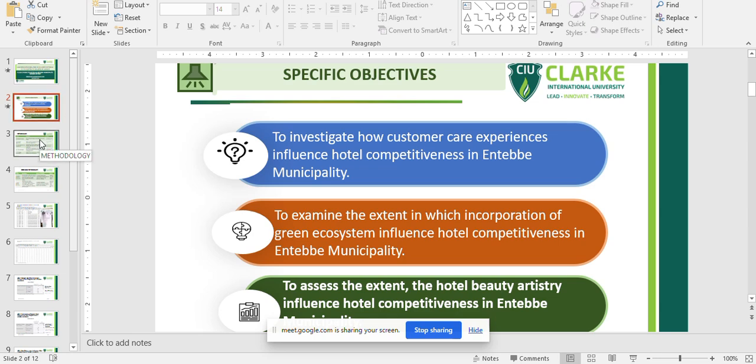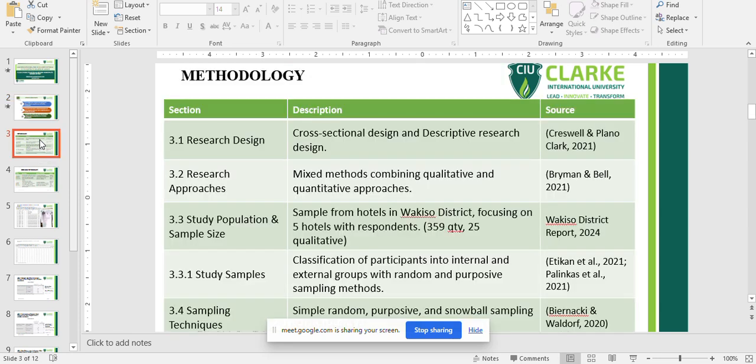So to collect data, the study utilized the following methodology. So I adopted the cross-sectional research design, particularly because of the limitedness of time.